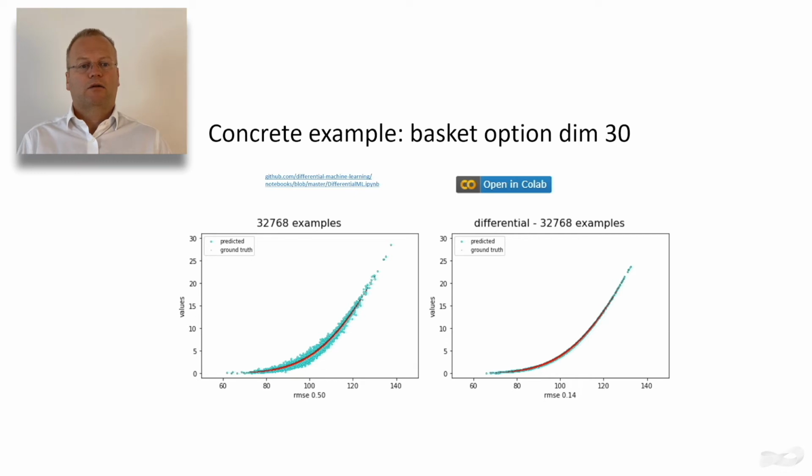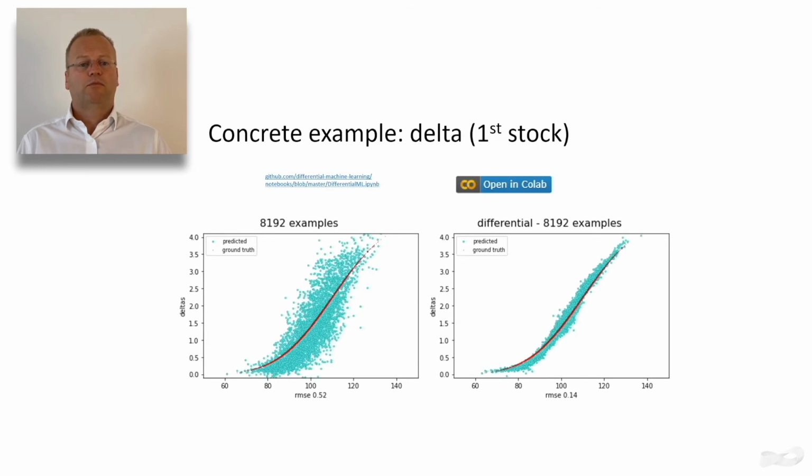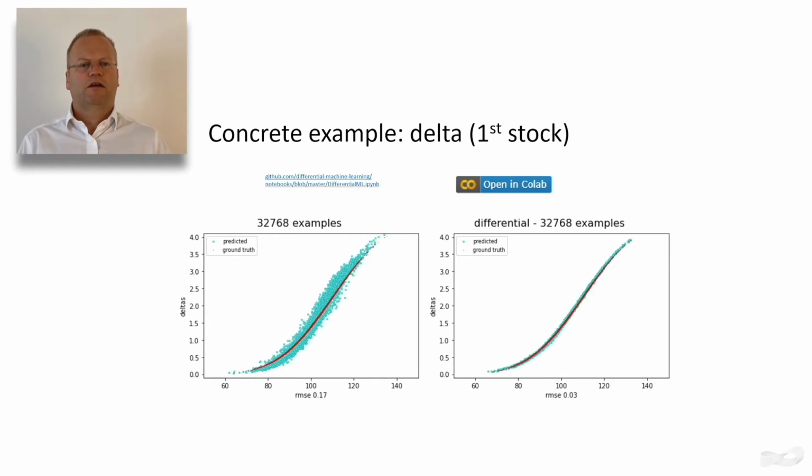We get an accurate approximation of the pricing function with datasets as small as 8,000 samples, and increasing the dataset to 16,000 and 32,000 samples, we achieve a virtually perfect approximation. We have a similar improvement for the prediction of deltas. Differential machine learning effectively prevents overfitting and authorizes us to confidently train approximators on small datasets, simulated in realistic time, and reliably apply them for the computation of prices and risk sensitivities.